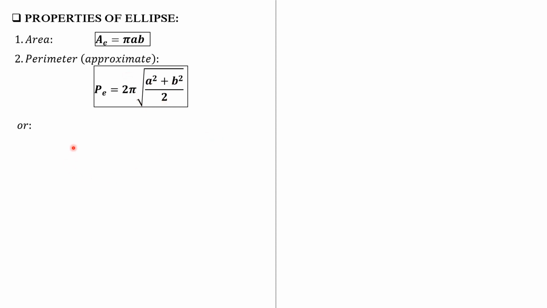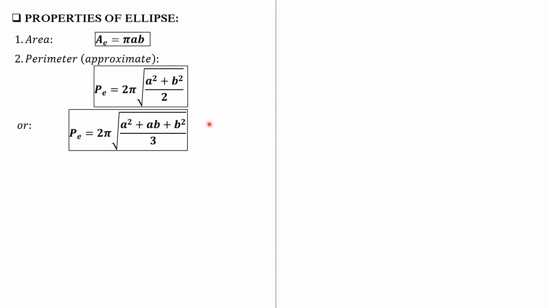You can easily memorize this. The other formula is not equal, but it is supposedly more accurate: 2 pi square root of the quantity a squared plus ab plus b squared all over 3. With 3 terms in the numerator, this should also be divided by 3.